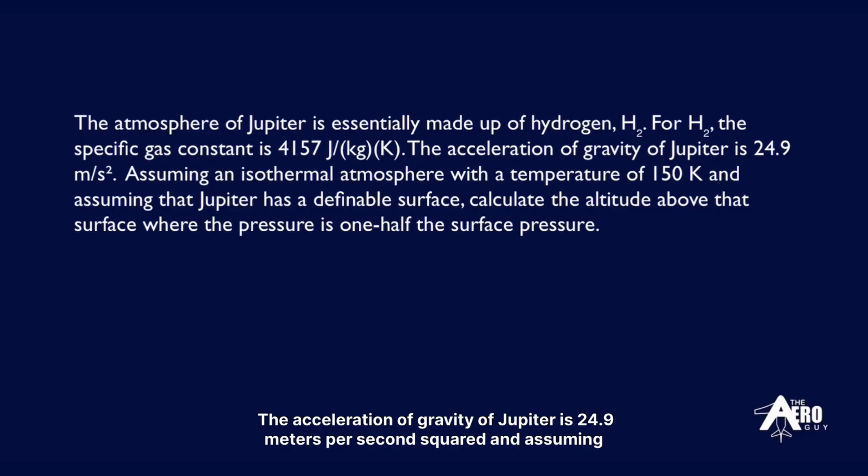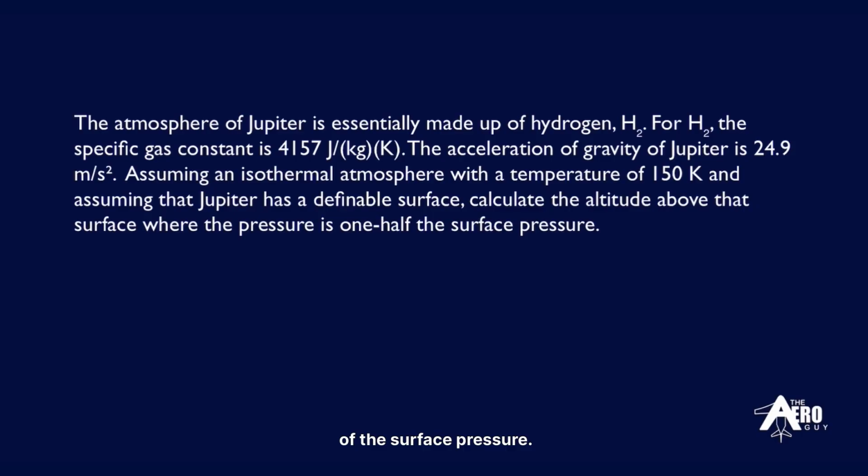The acceleration of gravity of Jupiter is 24.9 meters per second squared, and assuming an isothermal atmosphere with a temperature of 150 Kelvin, and assuming that Jupiter has a definable surface, calculate the altitude above that surface where the pressure is 1/2 of the surface pressure.